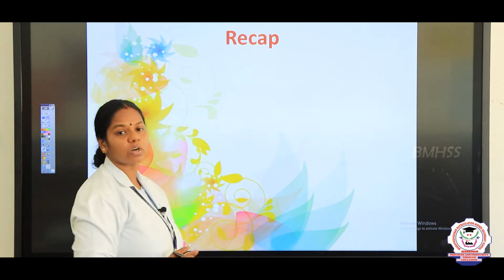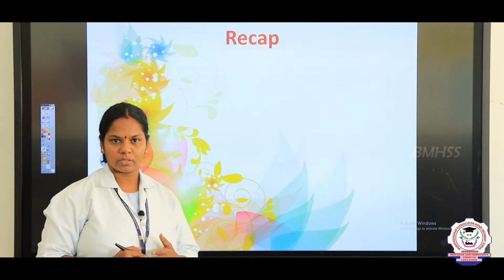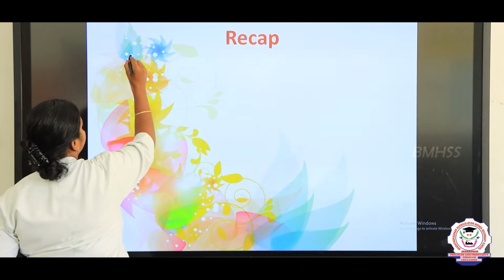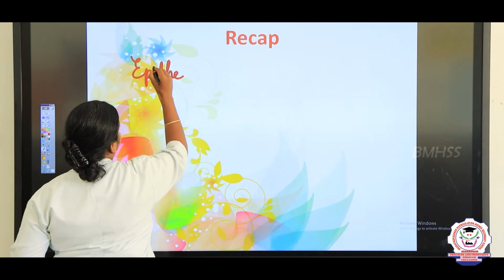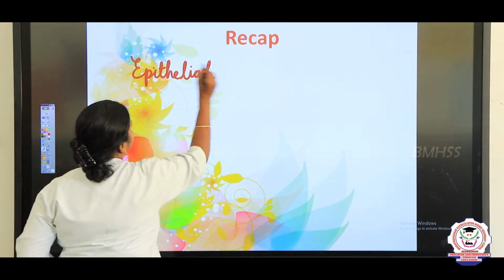First we studied what is a tissue: a group of cells which are similar in function constitute a tissue, and there are 4 types of tissues. First one is the epithelial tissue.